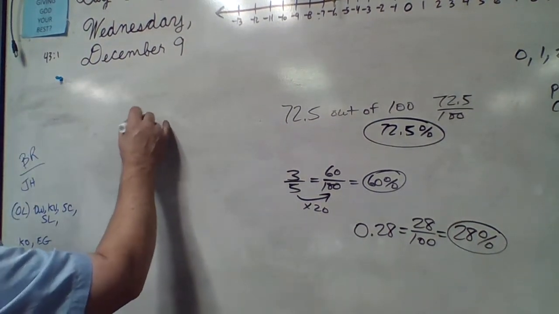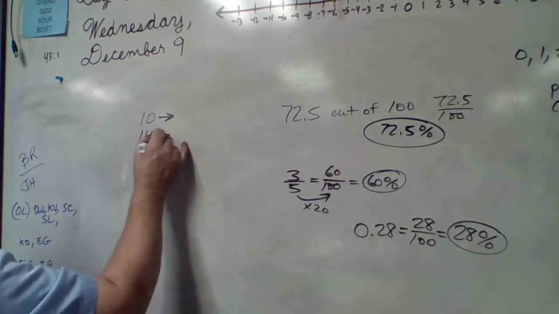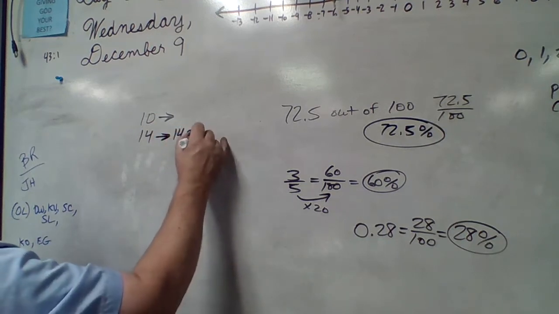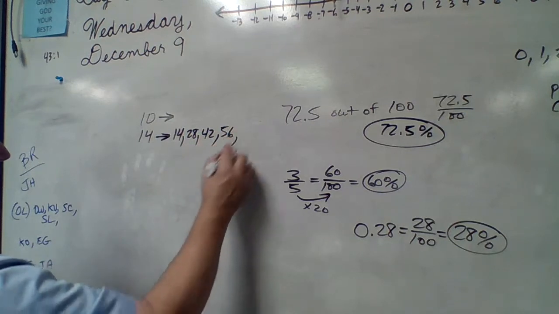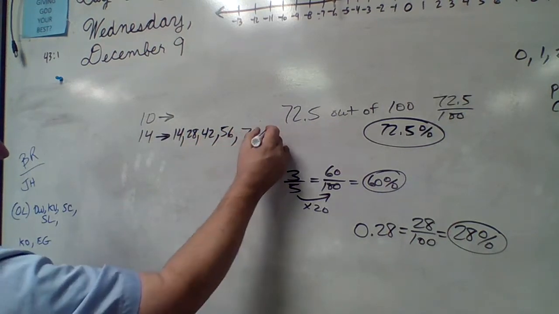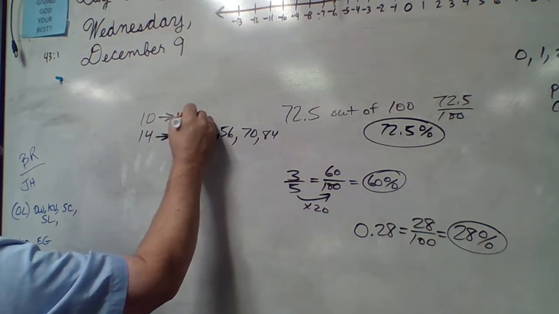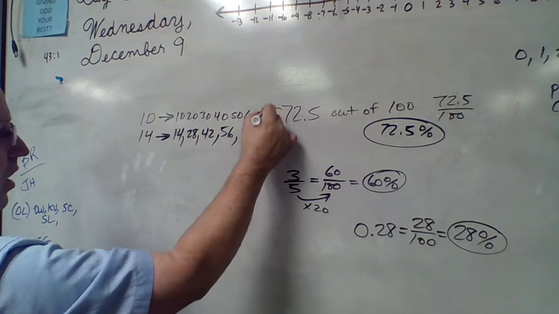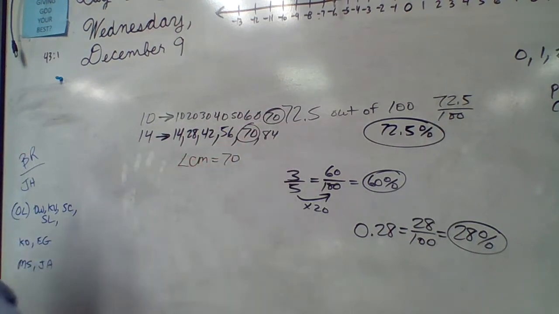If I had the number 10 and the number 14, and I started listing the multiples of these numbers, 14, 28, 42, 56, 70, 84. Now let's list some multiples of 10. 10, 20, 30, 40, 50, 60, 70. Hey, there it is. The least common multiple is 70.